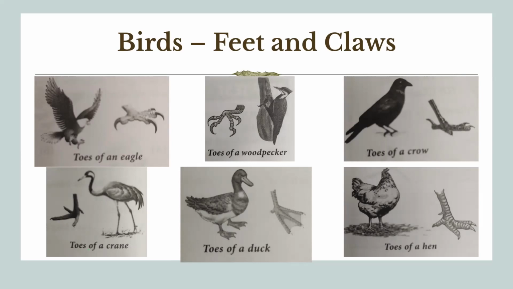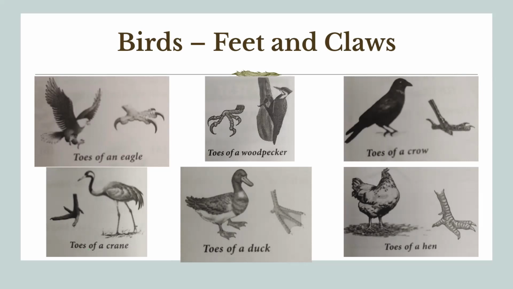Perching birds are the birds that perch on trees, like sparrow, myna, crows, and parrots. They have 3 toes in front and 1 at the back, because this type of feet helps them to hold the tree branches. The birds which go to the tree branches and sit on them are called perching birds.